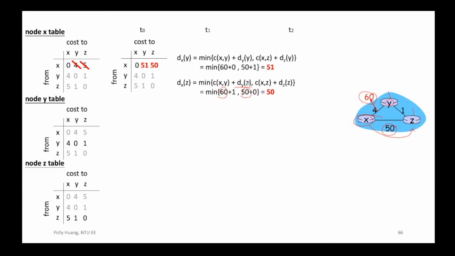Shortest distance from y to z would be 1. And then the second neighbor, z's perspective to go from z to z, shortest distance is 0 here. 61 compared to 50, so we pick 50 as the shortest distance from x to z.